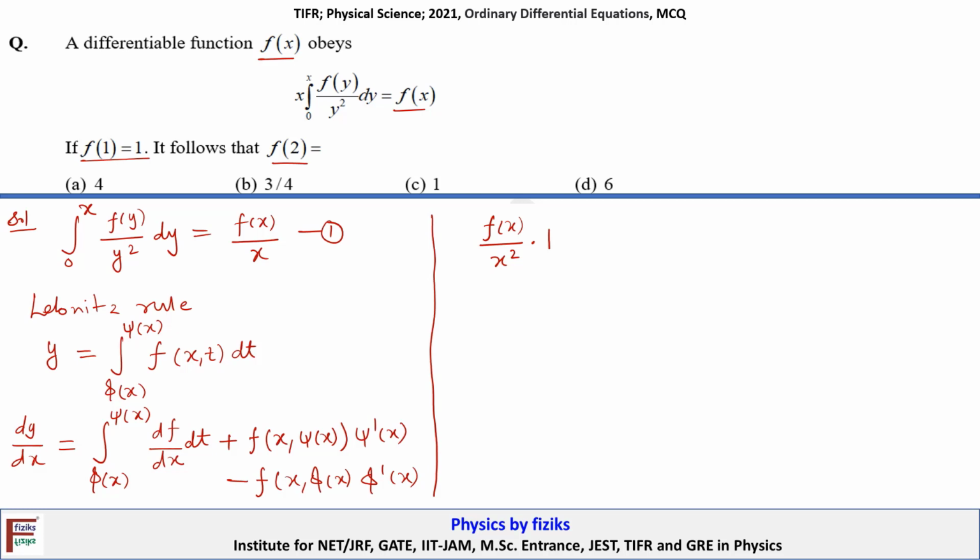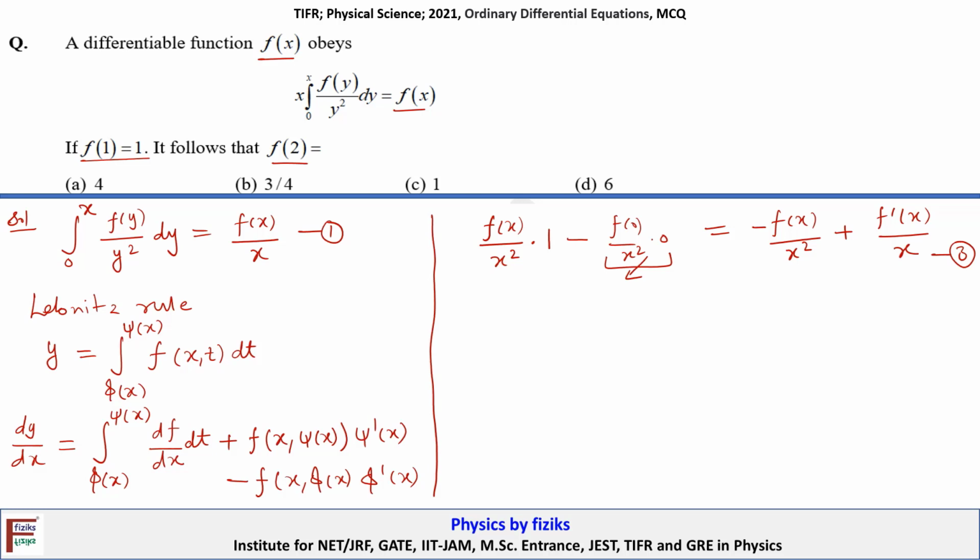Now by substituting the lower limit, we get f at 0 divided by 0 times the derivative of 0, and this term becomes 0 as a whole. Now on the right hand side, if we differentiate, this can be written as f(x) times minus 1 by x square plus f dash x divided by x. Say this is equation number 3.